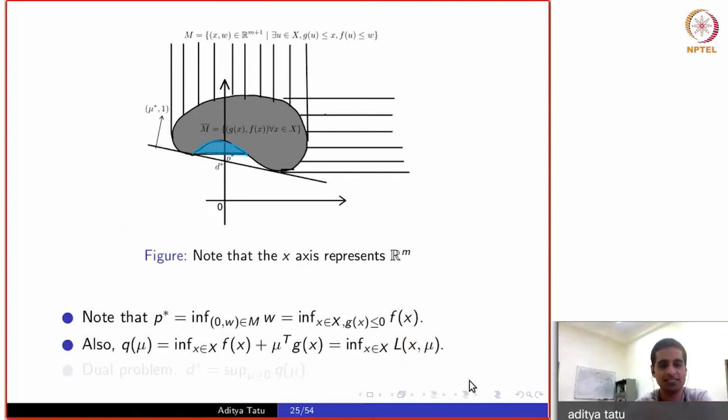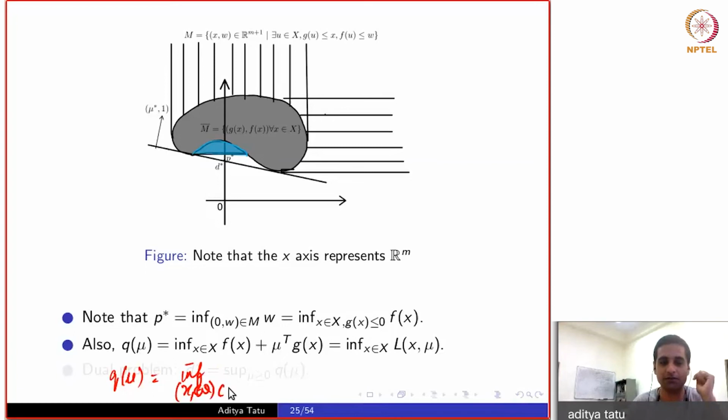Similarly, what is D star? So what is Q mu? Anyone who's still awake? Anyone want to specify what is Q mu?